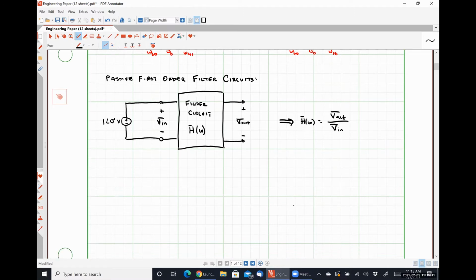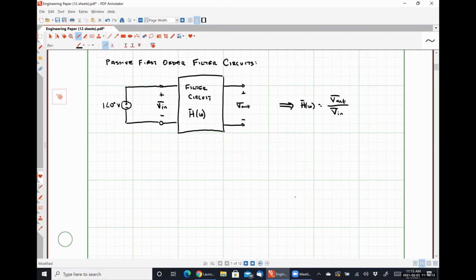All right, so with that in mind, let's take a look at a simple circuit. That was just kind of setting up things. So let's say that I have the following circuit.